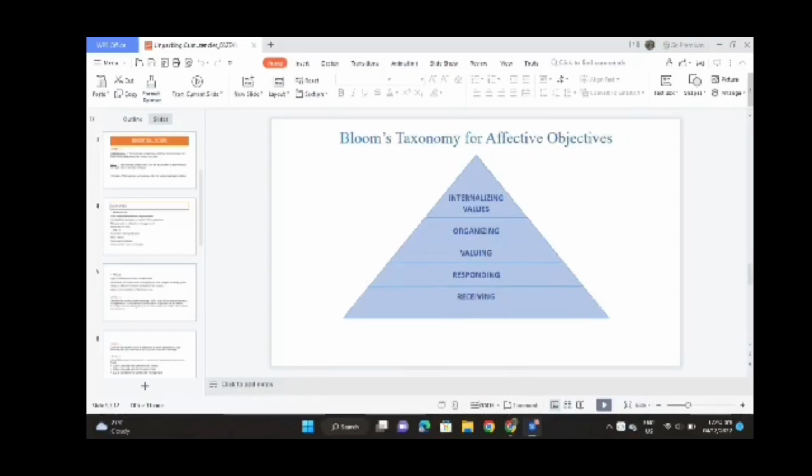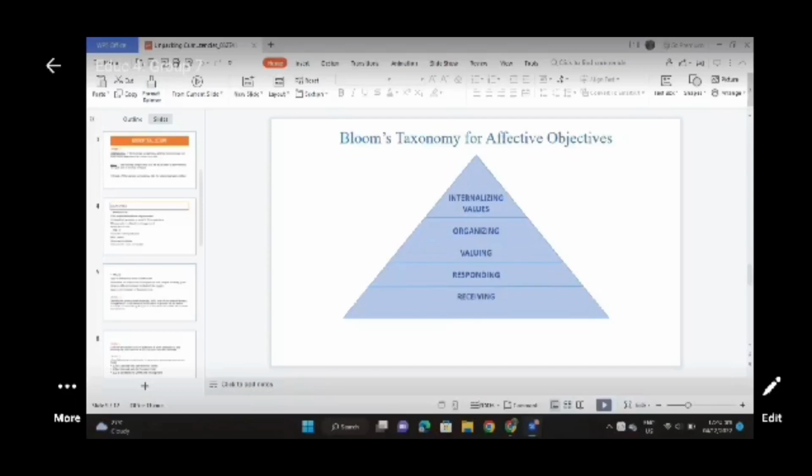For example, it demonstrates belief in the democratic process, is sensitive towards individual and cultural differences, shows the ability to solve problems, proposes a plan for social improvement, and follows through with commitment.